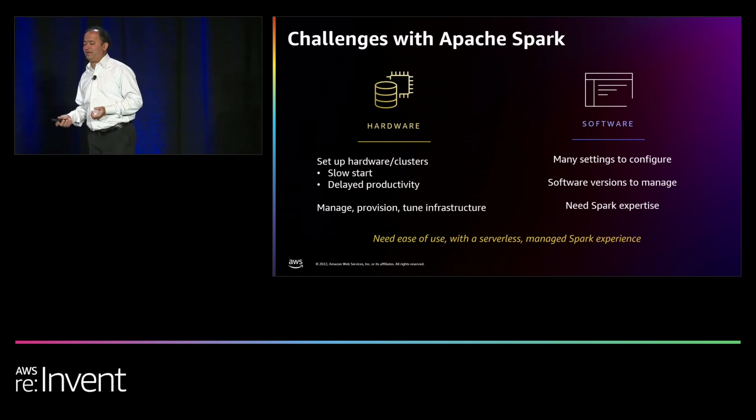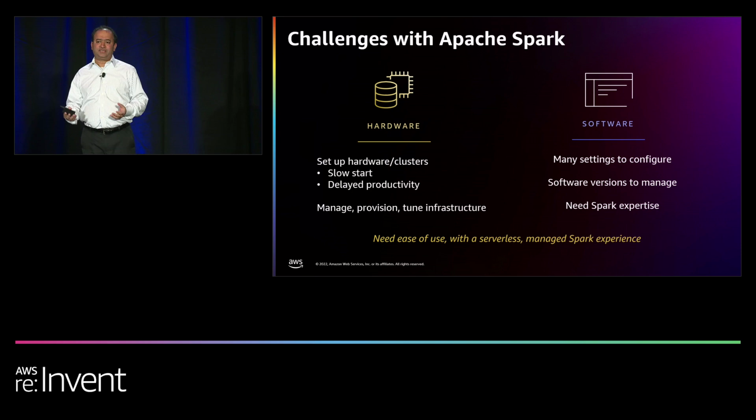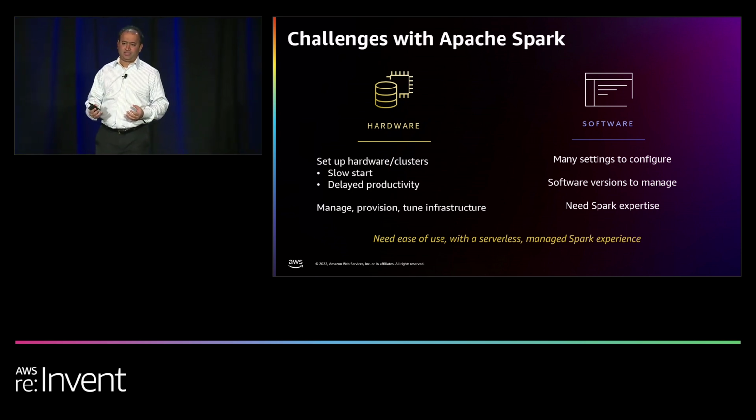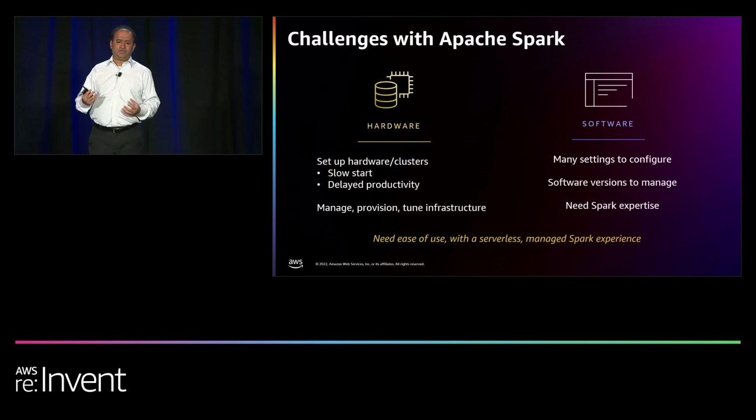You can set the hardware beforehand. But when you are running interactive applications, you are actively exploring the data. You do not have a good sense of what the data looks like, what the complexity of the job is, or what the data volume is. So, setting up hardware infrastructure in this kind of setup is challenging.